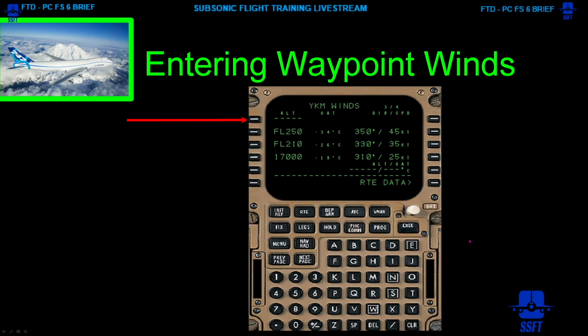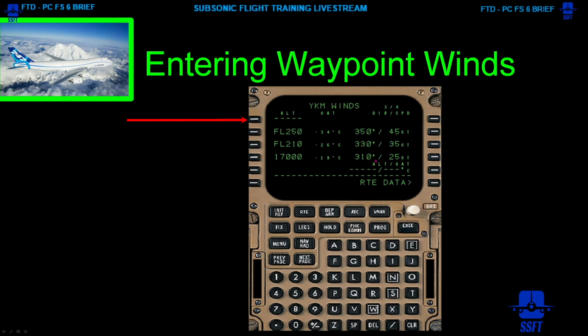And in this lesson, we'll have them put in. Actually, they'll be put in already, won't they? But when you fly this profile yourself, go ahead and put these winds in just to see how it works.